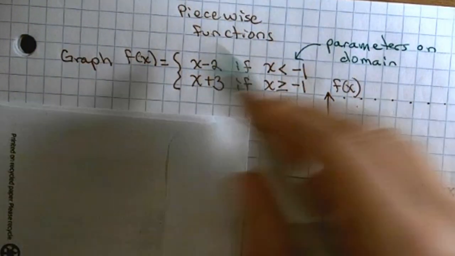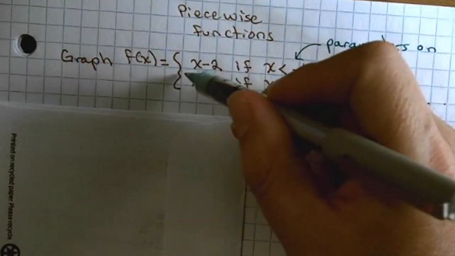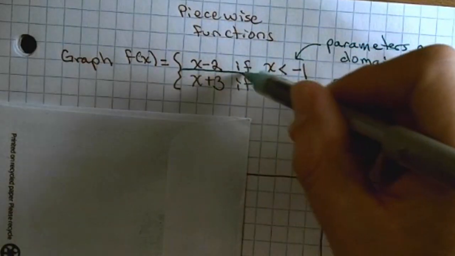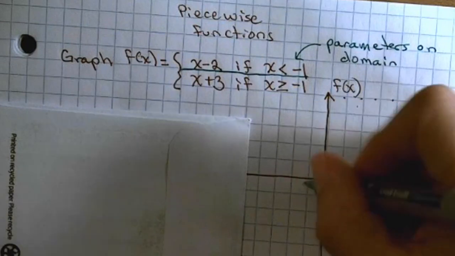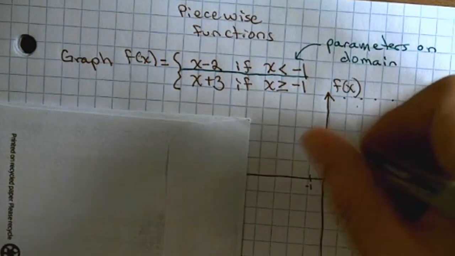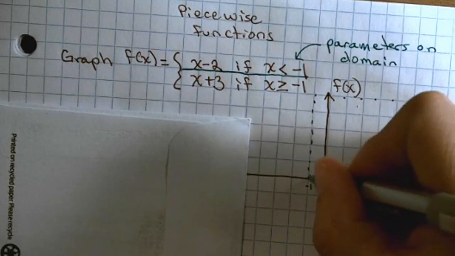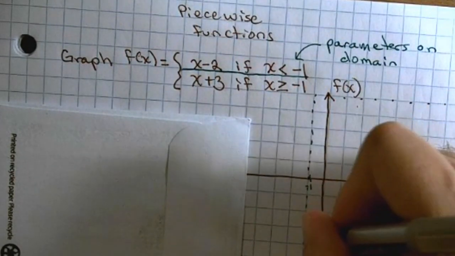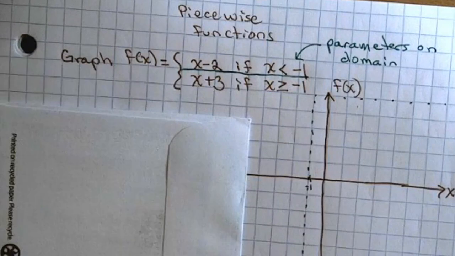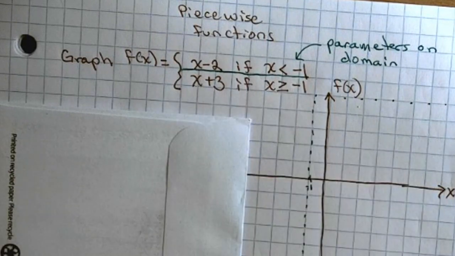So in other words, this graph right here is going to be from -1 and to the left of it. So I'm going to consider some values on the left-hand side of x equals -1.